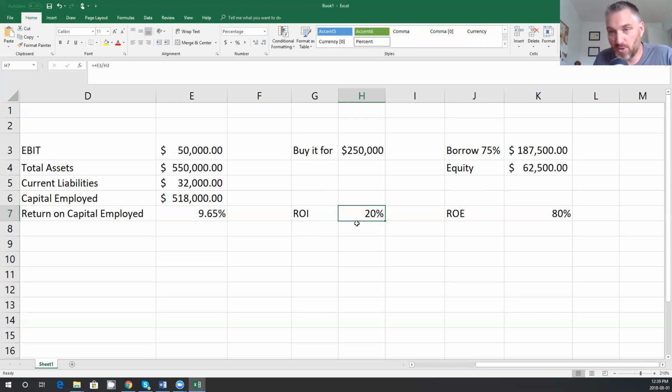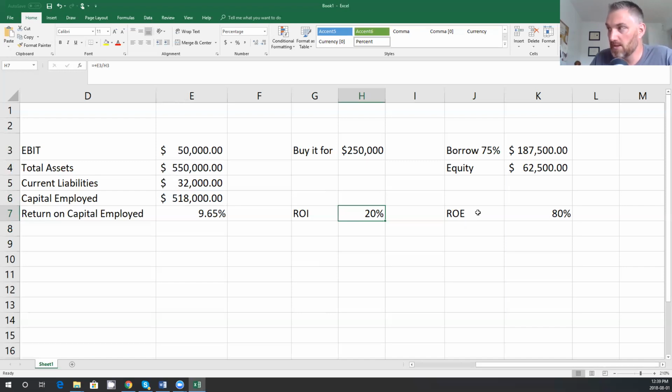Once we've made the purchase, then our return on investment, we might go back and try to recalculate that based on what actually happened. But ROI is basically a metric that people use when they're at the point of making a decision, right? Should I make this decision or not? Whereas the return on capital employed is more for looking at what is going on in a going concern business, what's happening in this business versus the decision making.